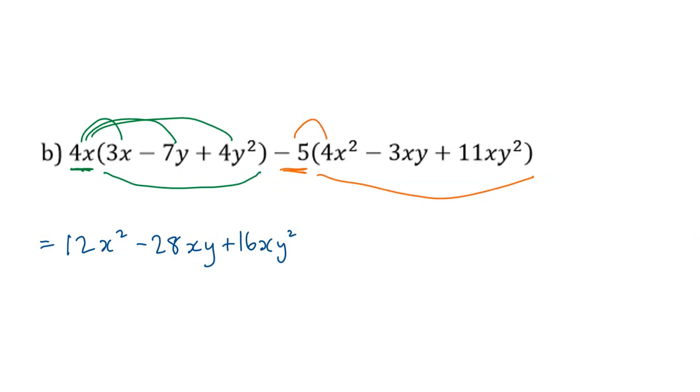So now the negative 5 is getting multiplied through, and I've got to watch that negative. Negative 5 times 4x should be negative 20x squared. Negative 5 times negative 3, two negatives make a positive, so that should be 15xy.